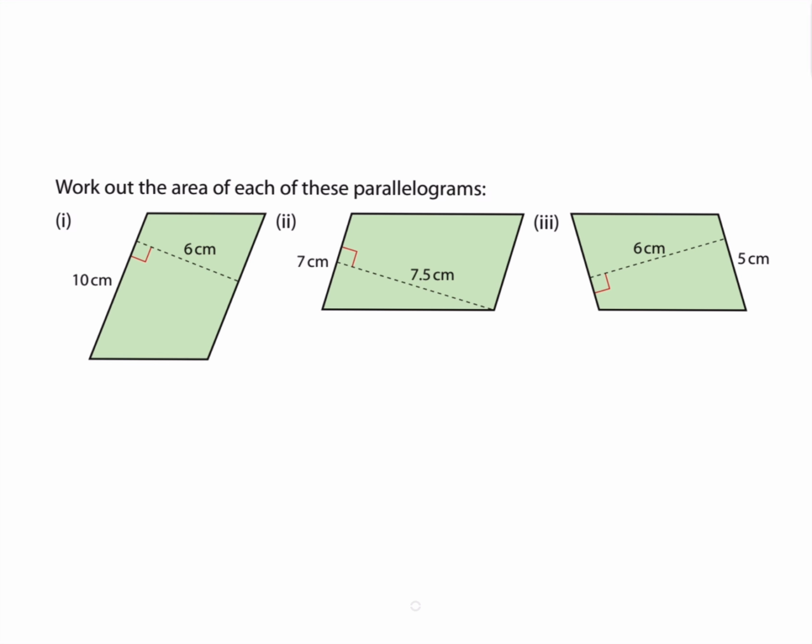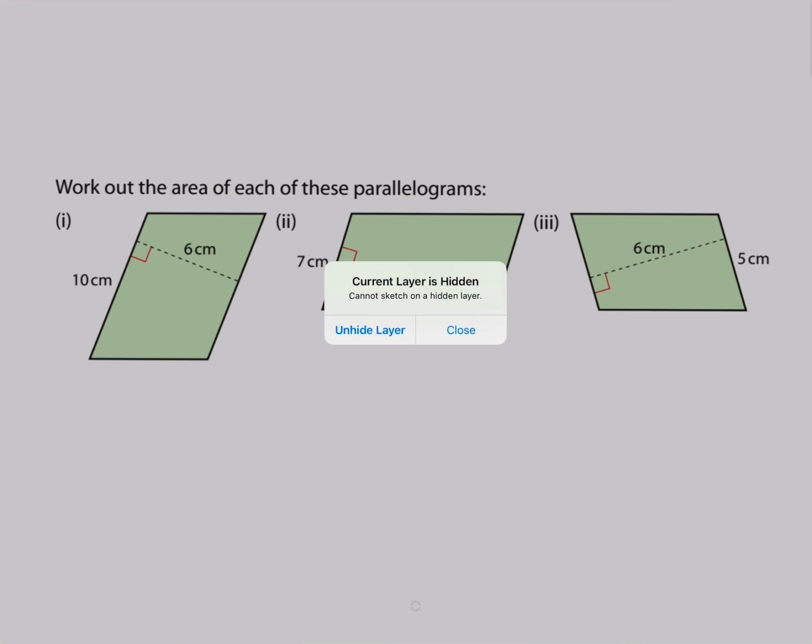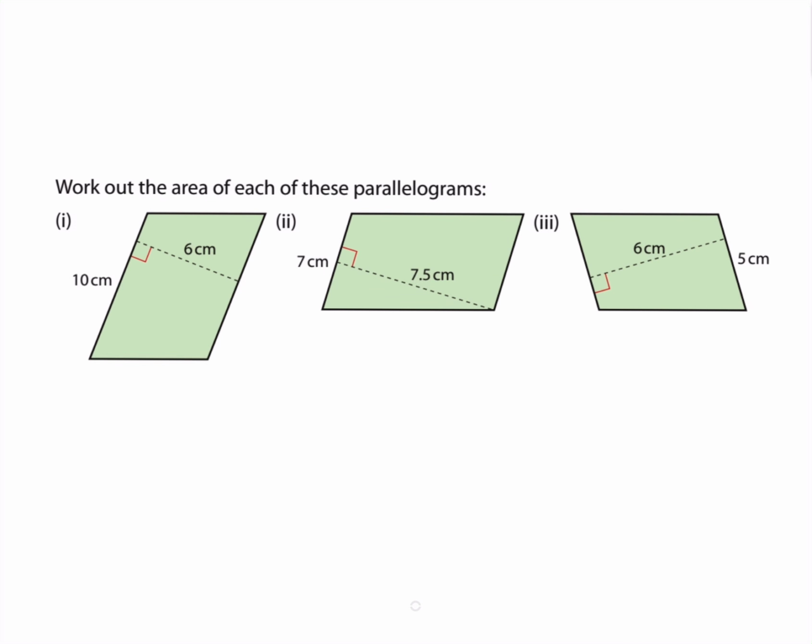So this is going to be your homework, and I'll help you get started with the first one. The first one, this is the base, and this is the height. So I want you to have a go at the others all by yourself. Take a photo of your work when you've got it done and send it to me.